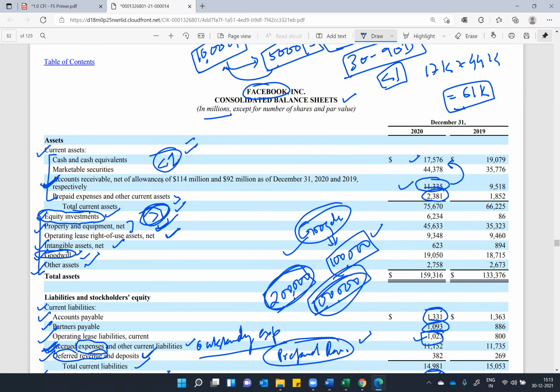I'm not saying that this exactly is goodwill of 1 lakh. The reason is you will be reevaluating all the assets and liabilities of Google first, and then you will arrive at a net worth of the company, and whatever extra you are paying over and above the net worth of the company will be called goodwill.